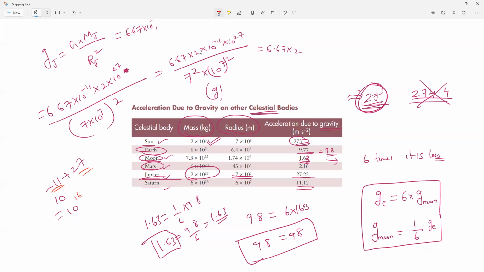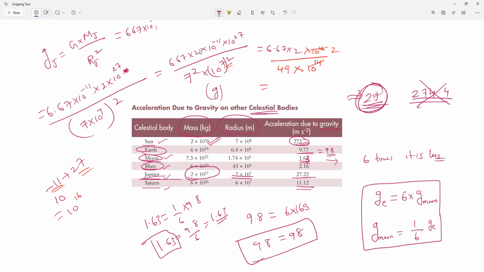So 10 power 16. So 2 into 10 power 16 divided by 7 square. 7 sevens are how much? 49. Into 10 power 7 whole square, how much is it? 7 twos are 14. So 16 and 14 get cancelled. 2 is remaining.